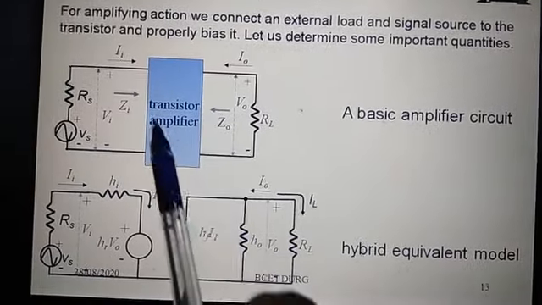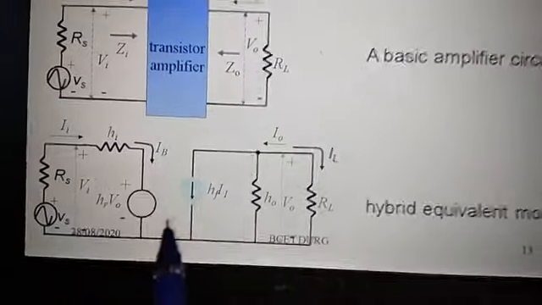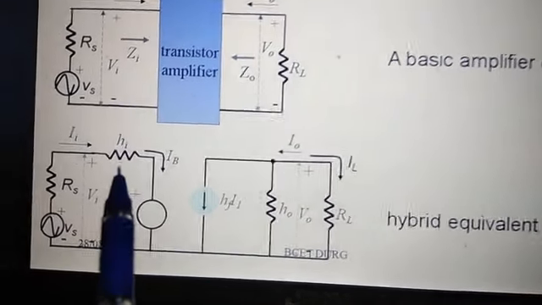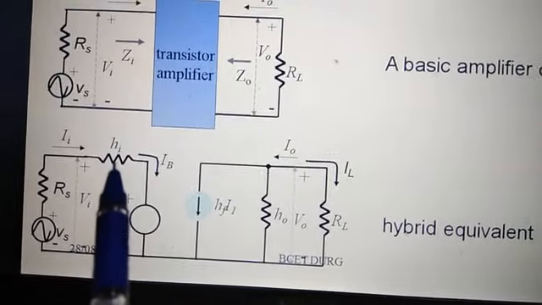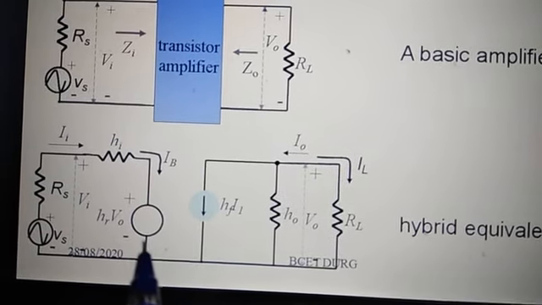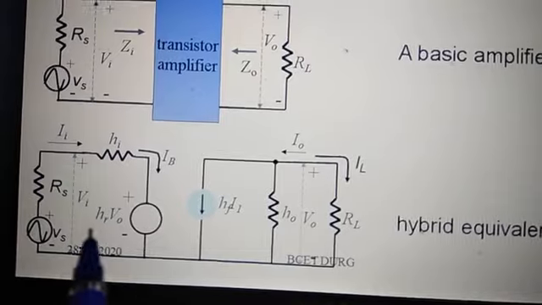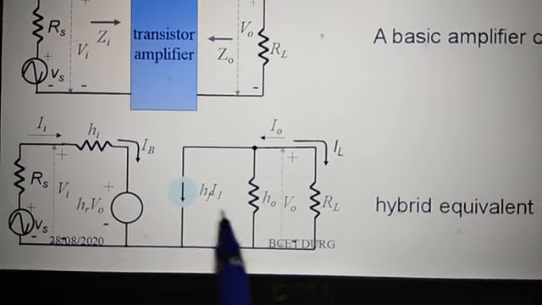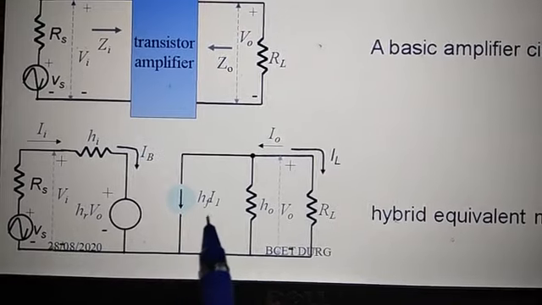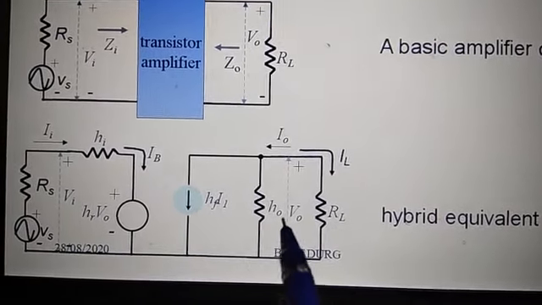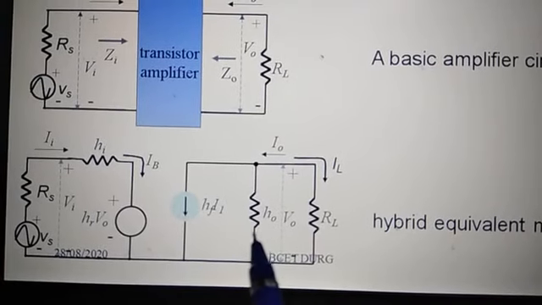Now you can replace this box in terms of low frequency model. So low frequency model is this one. This is Hi, input impedance of a transistor. This is voltage source at the input, HR into Vo, and this is the current source, that is HF into input current I1, and this is the output conductance HO.